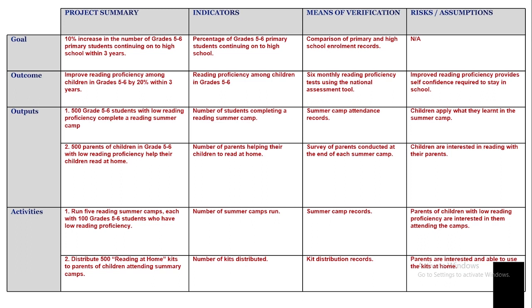It's just a 4x4 matrix that summarizes the hierarchy of results, which in M&E are the goal, the outcome, the outputs, and the activities; the project summary or definitions, the indicators, the means of verification, and then the risks or assumptions relating to this.